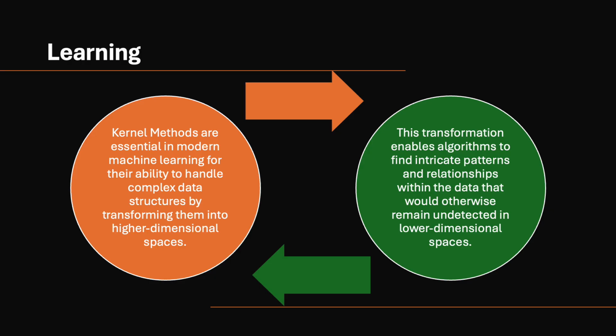Kernel methods are essential in modern machine learning for their ability to handle complex data structures by transforming them into higher dimensional spaces. This transformation enables algorithms to find intricate patterns and relationships within the data that would otherwise remain undetected in lower dimensional spaces.